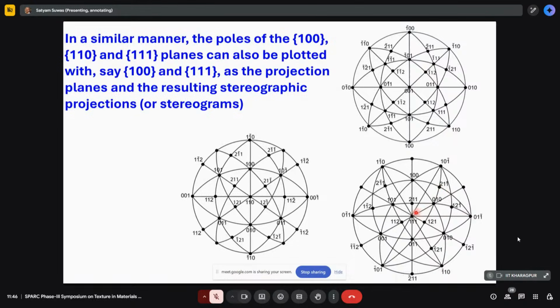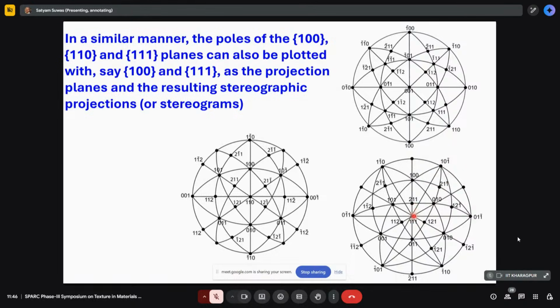For example, if you have 111 as a projection plane, then from 111 to 211, what is the angular relationship? So always remember, a stereographic projection is an angle true projection. It's not an area true projection.